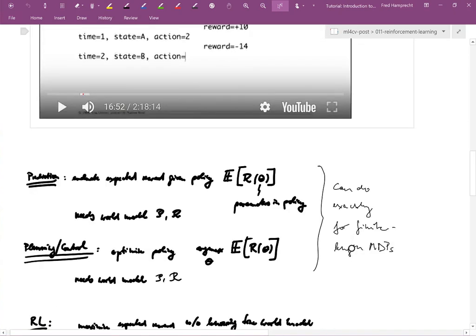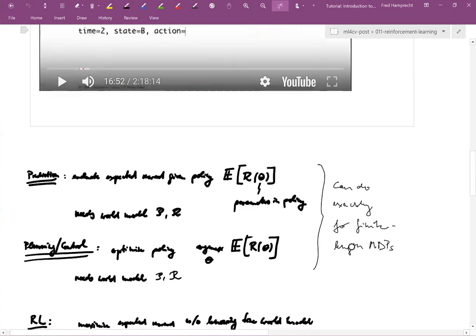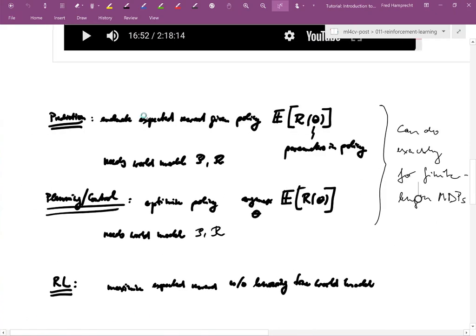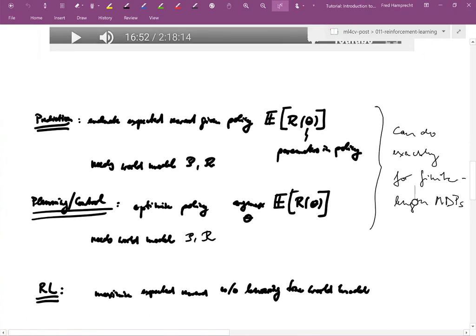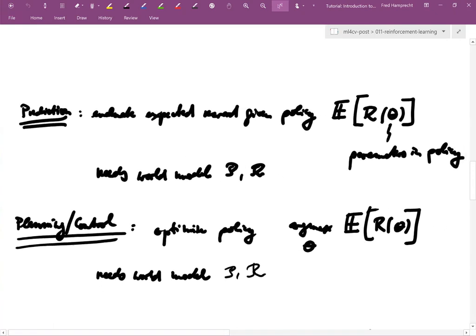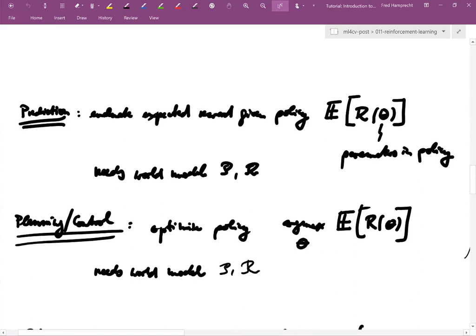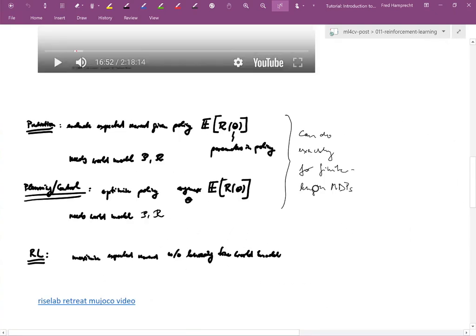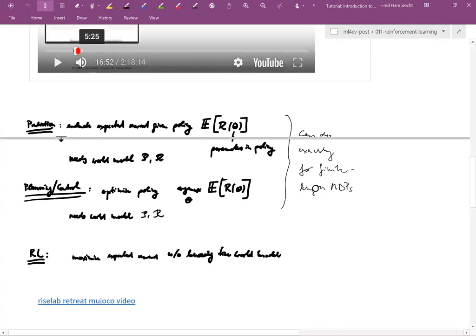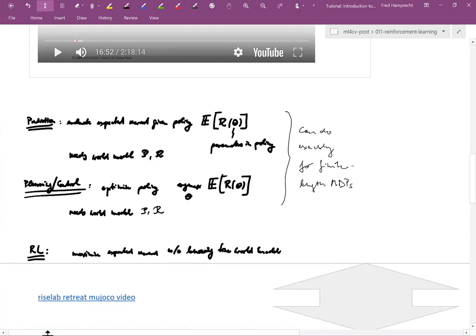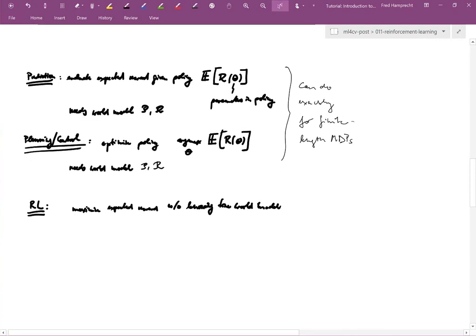So this is the hardest problem. There are easier problems. The first problem, the easiest problem that we can try and solve is prediction, where we evaluate an expected reward given some policy.